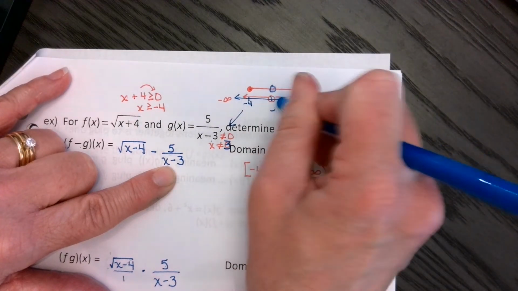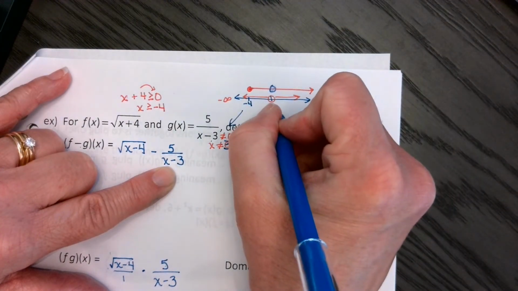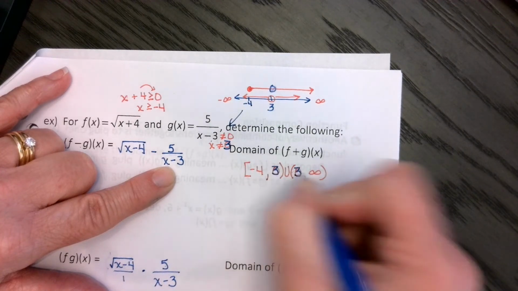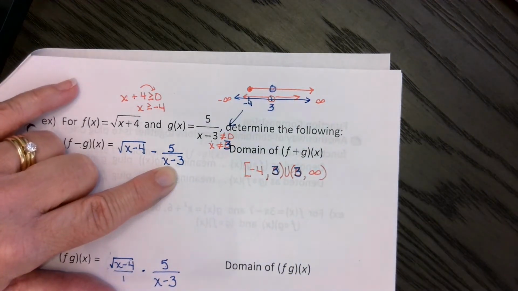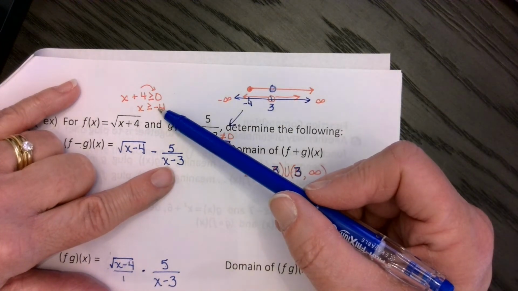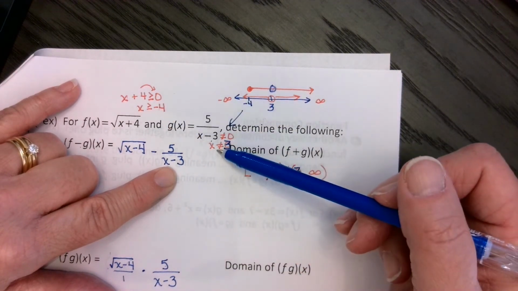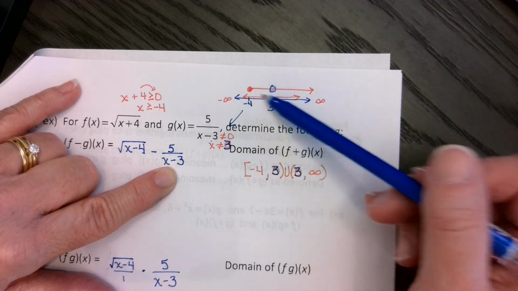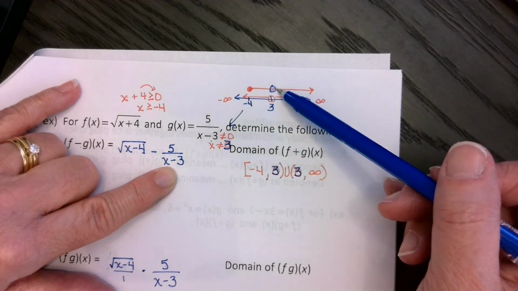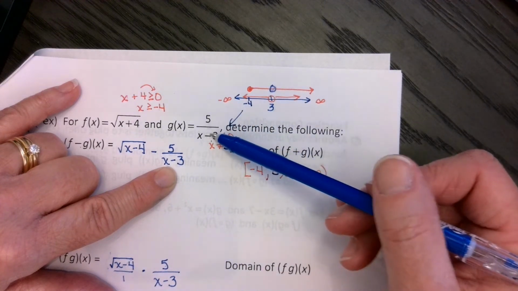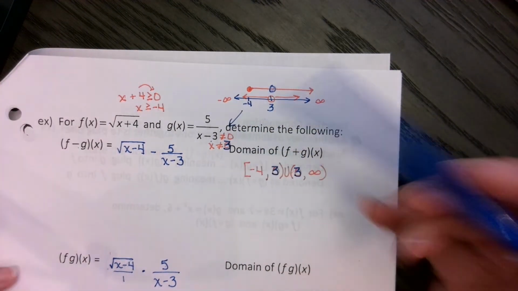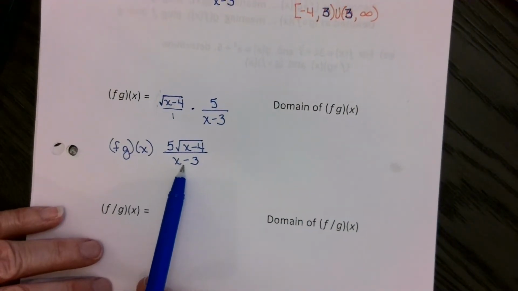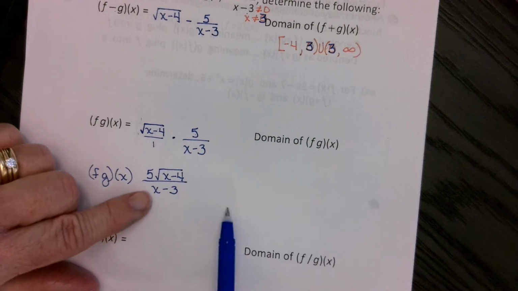So this is really a 3, not a 0. So all it does is it changes this. Sorry. So again, still this is the more restricted one, and it can't equal 3. So I started with all the numbers larger than -4, but then I took out a positive 3, because if it was 3 minus 3, that gives me 0. Sorry about that. I caught it right here. All right. Still the same thing.